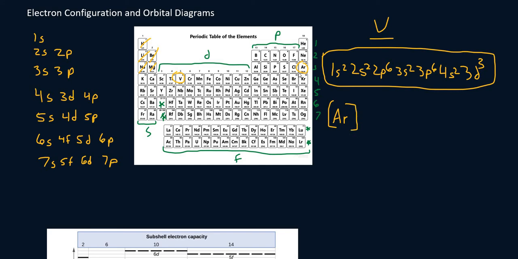And then we're just going to do all of the configurations up to vanadium now. So now we're going to start at argon, and we're going to go to the next one, which is 4s. So we're going to do 4s2, and 3d3.